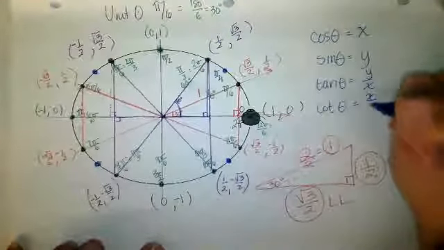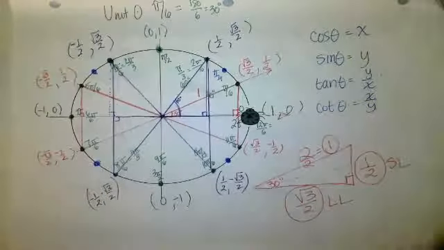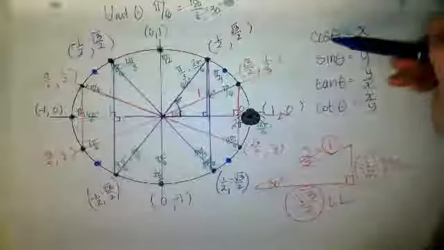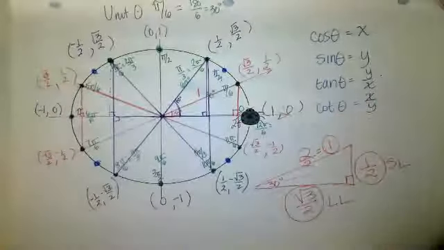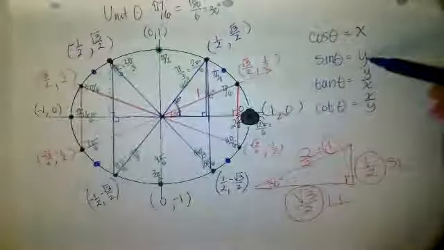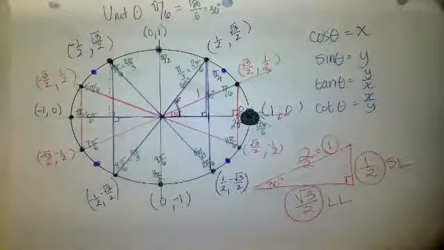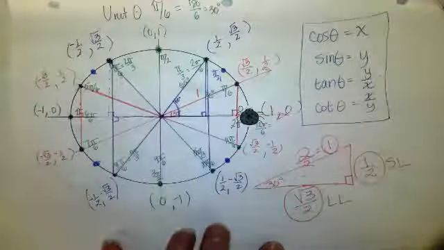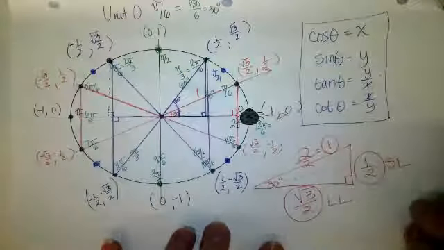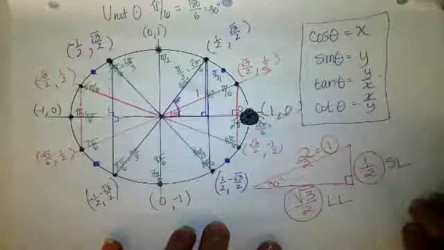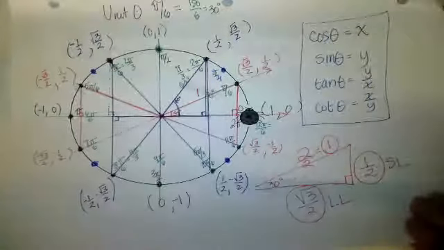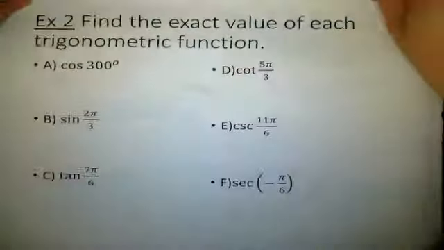It's the reciprocal of tangent. And if you want secant, you would just flip your x coordinate. And if you want cosecant, you'd flip your y coordinate. Now that only works on the unit circle, so be careful.